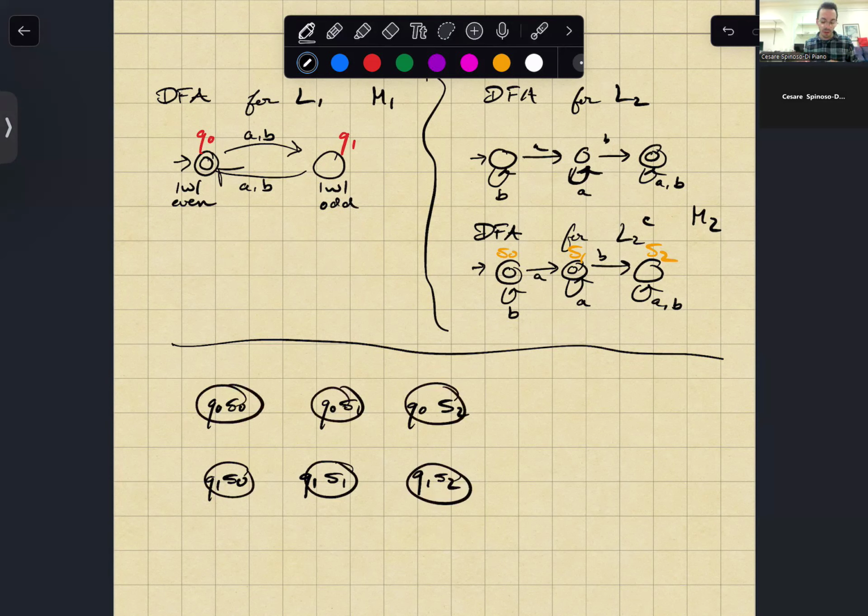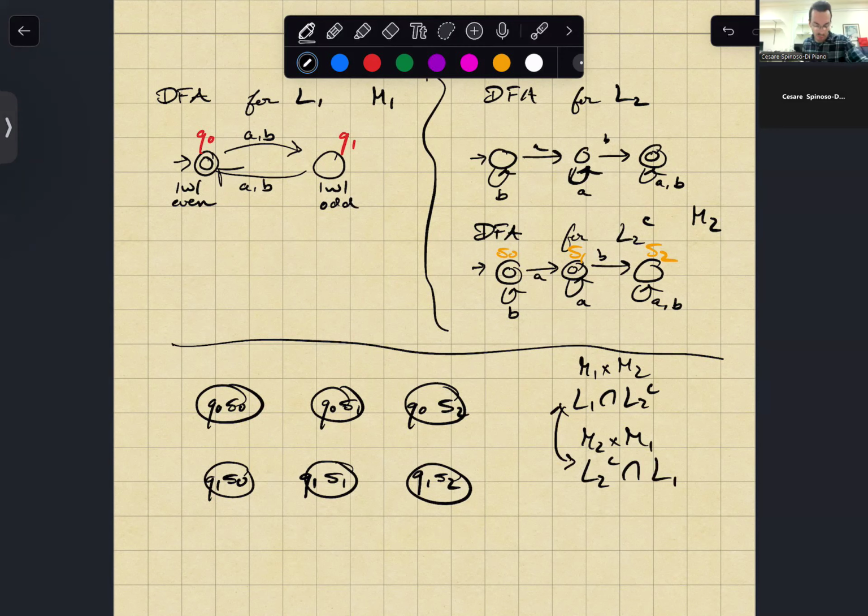So remember product construction, the start state is the state that has as a pair the start state of M1 with the start state of M2, right? And notice I'm doing the product construction of M1 with M2 because it was L1 intersect L2 complement, but because intersection is commutative, I could have also done M2 with M1, because these two languages are the same.